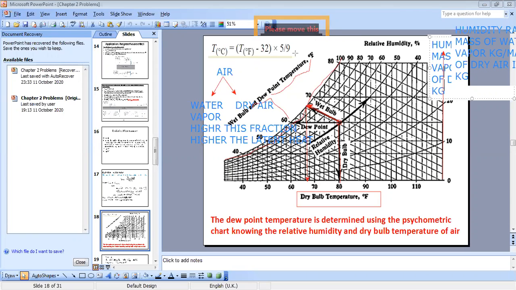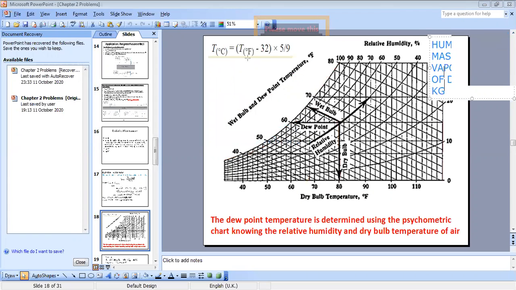Because look, when we reach this stage, I will clear everything so that it will be clearer. Okay, so if you move in this direction like this, what is happening? If you observe, first, your relative humidity is increasing, and when you reach this point, you are at the limit. You have 100% relative humidity.